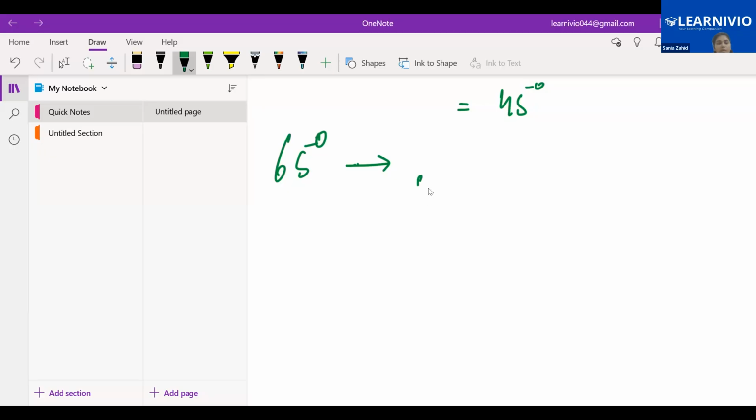Tell me quickly. 25, ma'am. Okay. So 90 minus 65 we will do, which is 25. So what is the complement of 65? 25. Okay. Now 41 degree. What is the complement of 41 degree?